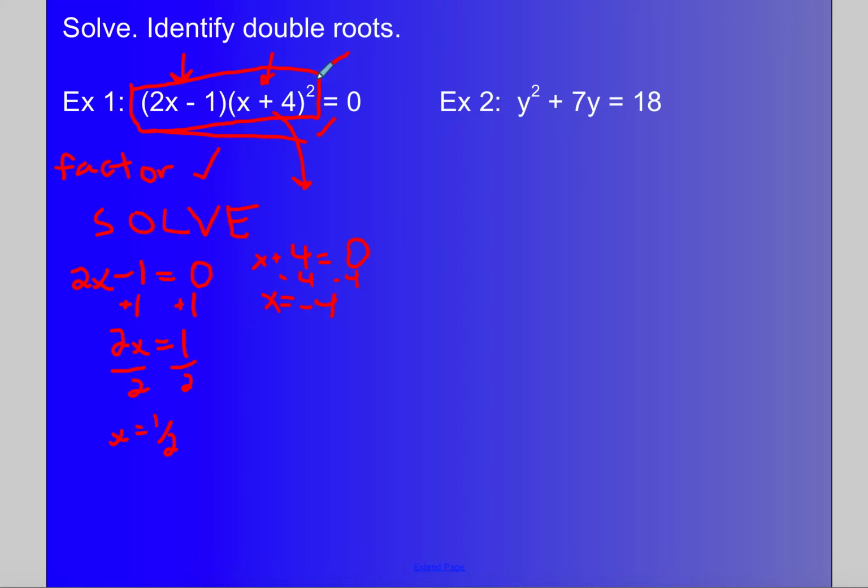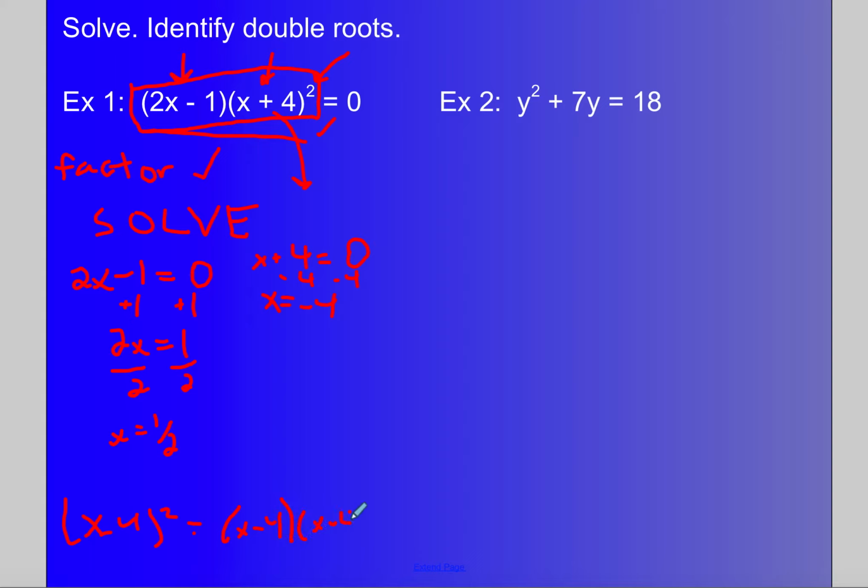And since this is squared, remember, something being squared is the same as me writing it like this: x minus 4 squared is the same as x minus 4 times x minus 4.